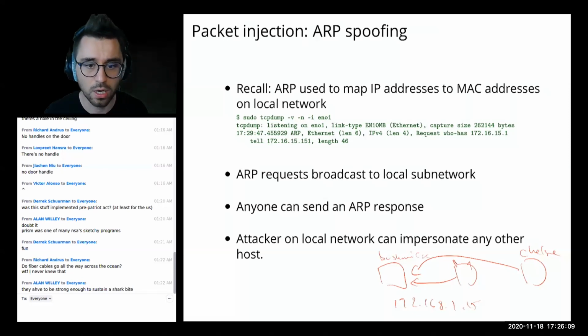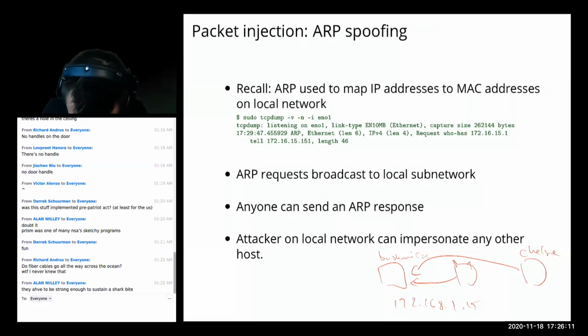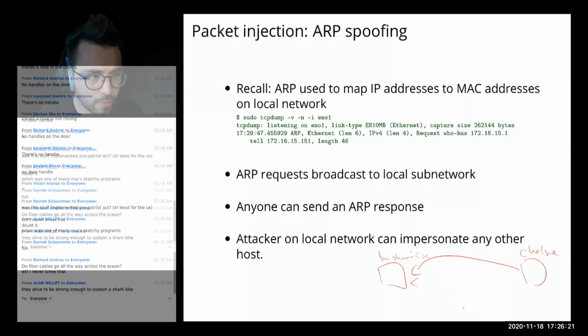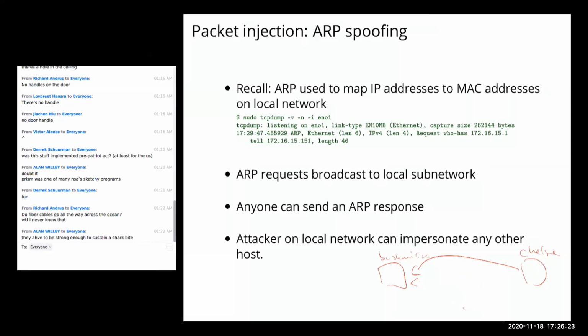So typically in a local network like the one I have at home, we have, say, these two machines, and these two machines are typically connected to a gateway.